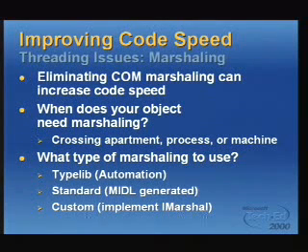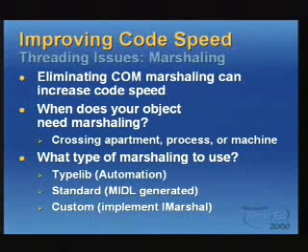Now, there are a number of different types of marshalling that can come into play. The one that we'll deal with on the threading is whether or not you're crossing apartment bounds, and then there are other kinds, I should say, where you potentially have process and machine boundaries. Now, there are 3 different types of marshalling that you generally get to use with COM.